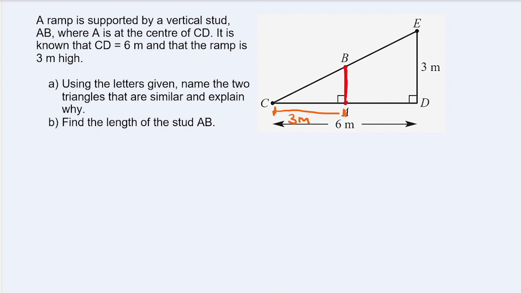So angle C is a common angle. So this is for A. Angle C is common. And we're going to say that those angles are the same, and the right angles in here are the same as well. So angle CAB, which is this little one here, is equal to angle CDE, which is that little one there.